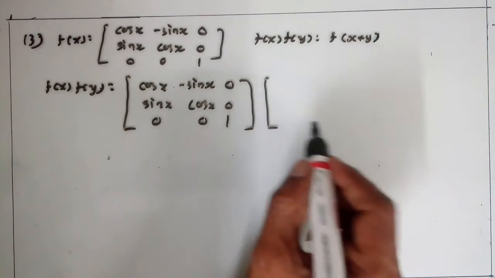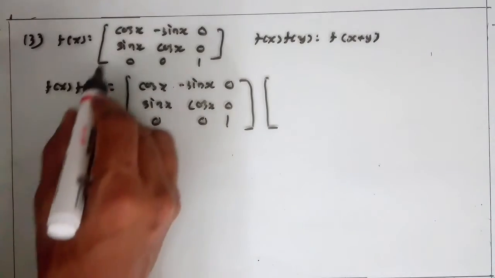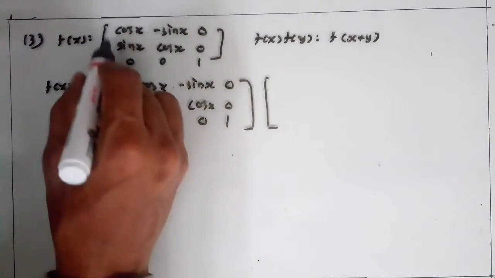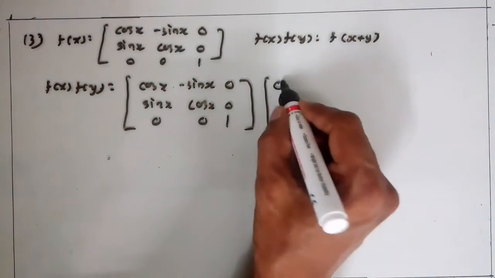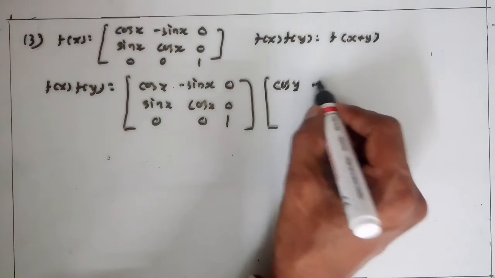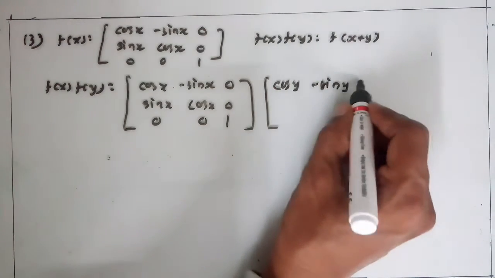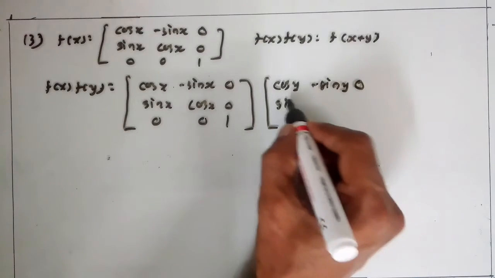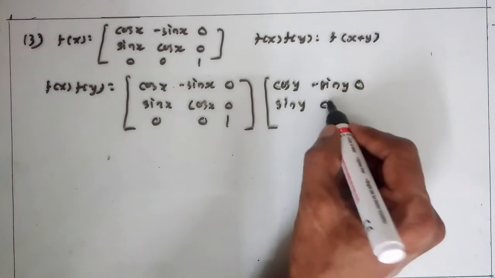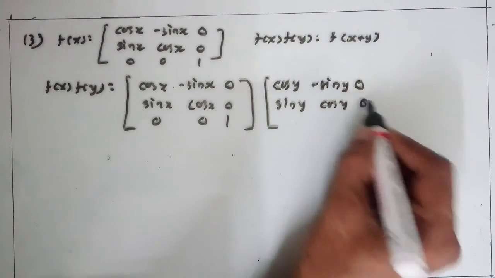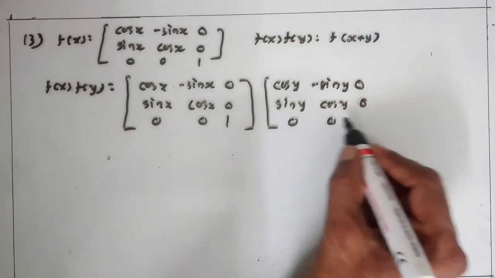And what do you say about this f(y)? Replacing x by y, we get f(y): [cos y, -sin y, 0; sin y, cos y, 0; 0, 0, 1].